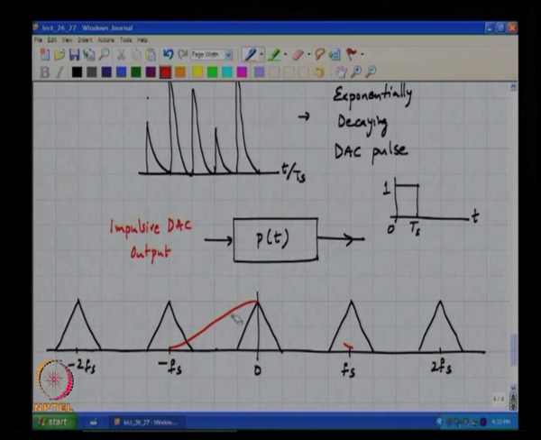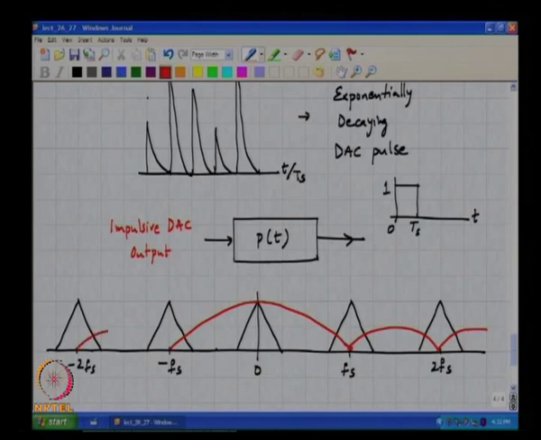If you want to just find the Fourier transform, take this and multiply it by sinc, okay. All right.